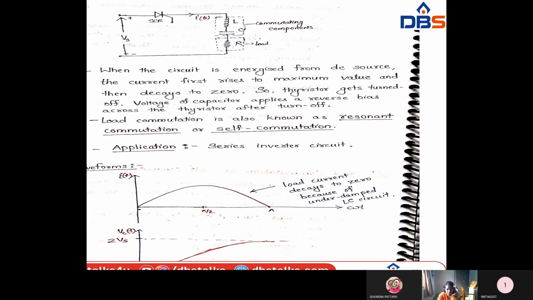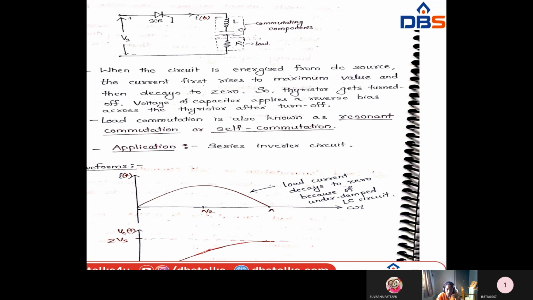So the thyristor gets turned off, and the voltage of the capacitor applies a reverse bias across the thyristor after turning off. Load commutation is also known as resonant commutation or self commutation. Load commutation will be used in series inverter circuits.